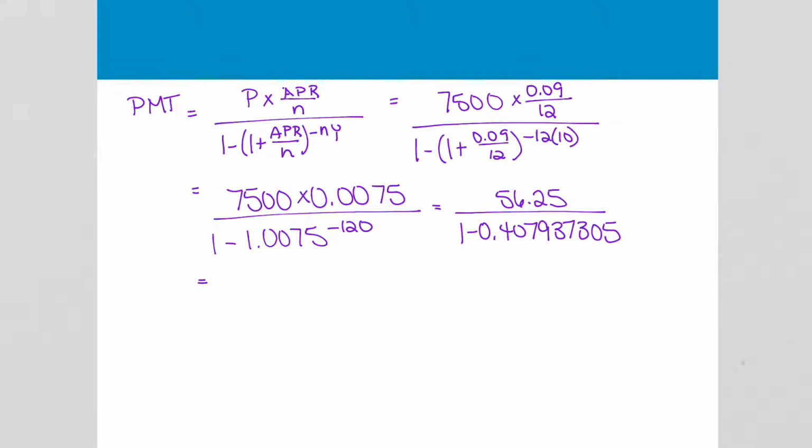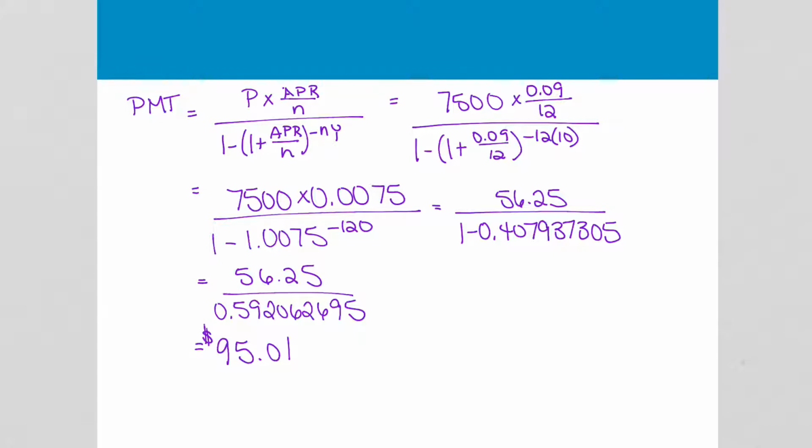So 1 minus that number. And so on the bottom we have 0.592062695. So divide 56.25 by that number. Makes graphing calculator really convenient. And we get $95.01. That's the monthly payment.